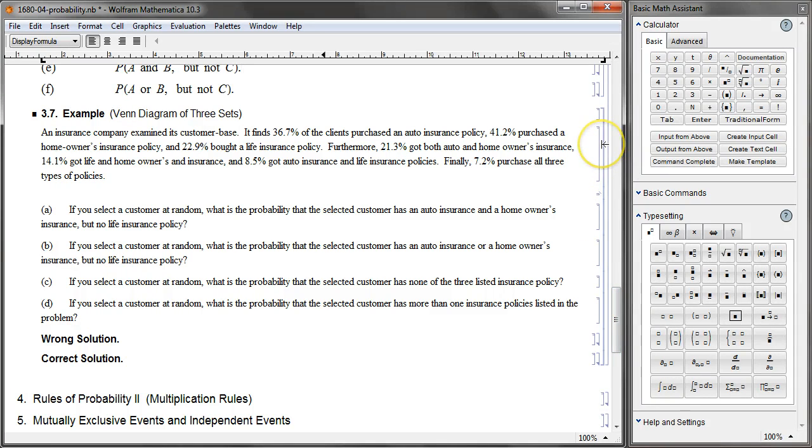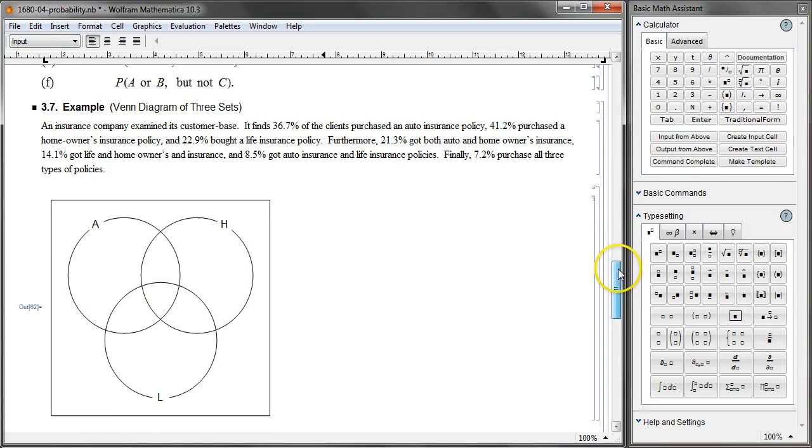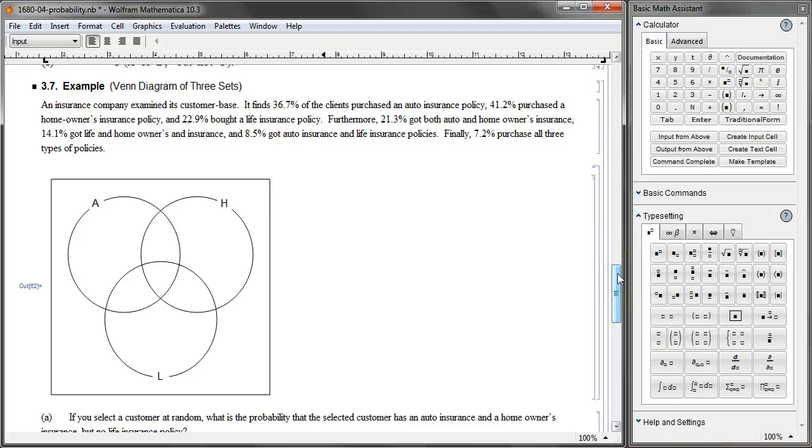Now let's go over to a little bit more concrete example here, and this kind of problem is rather realistic. Here we go. An insurance company examined its customer base. It finds 36.7% of the clients purchased an auto insurance, A. 41.2% purchased homeowners insurance, H. 22.9% bought a life insurance policy.